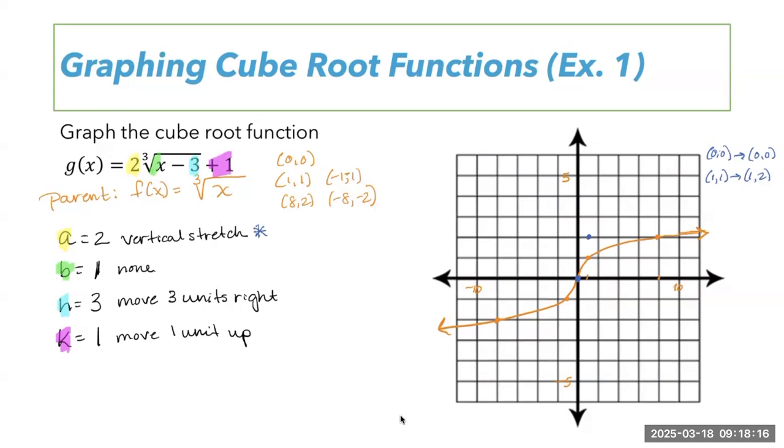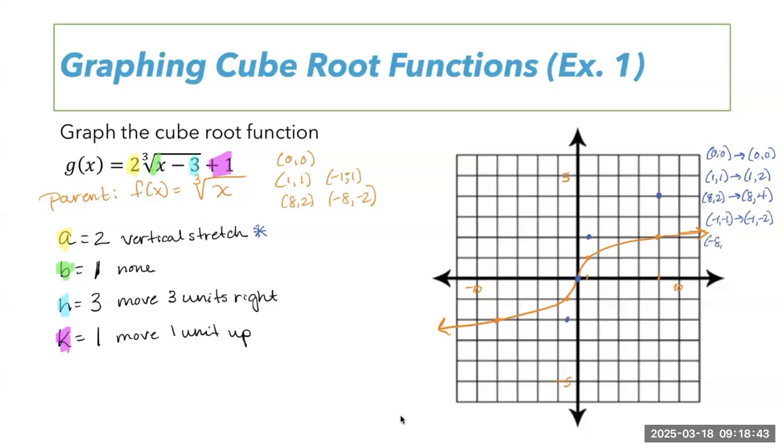Okay. Then I have (8, 2). Multiply the y coordinate by 2, and I end up with (8, 4). So at 8, I'm going up to 4 now. Then I have (-1, -1), which will become (-1, -2). Puts a point there.